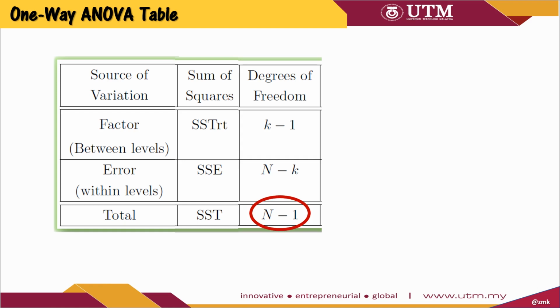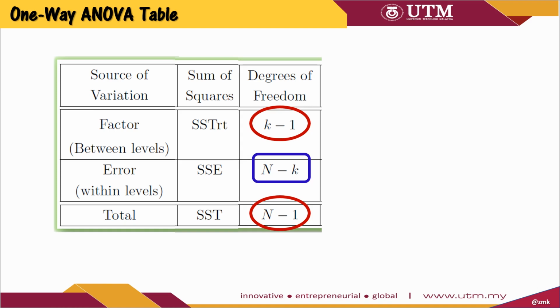The next is the treatment degrees of freedom given by K minus 1, where K is the number of levels, and lastly the error degrees of freedom, which is simply the difference between the total degrees of freedom capital N minus 1 minus the between levels or treatment degrees of freedom given by K minus 1. Therefore, the error degrees of freedom is simply capital N minus K.